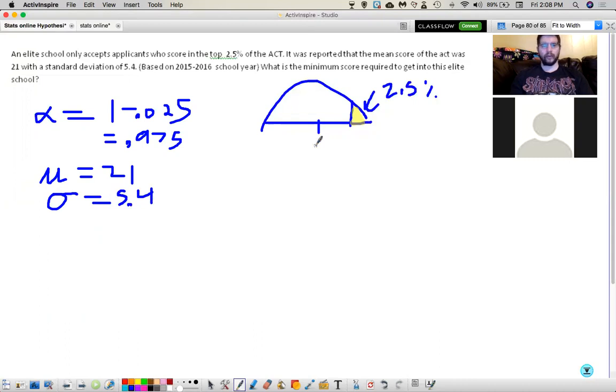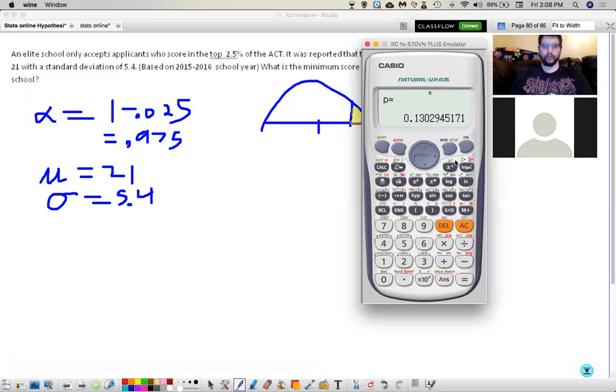I'll show you this one all 3 ways, starting with the Casio. So go to mode. It's a distribution. And we're not looking for an area. We're looking for a score. So we're going to do an inverse normal. So the area is 0.975, not 0.025.